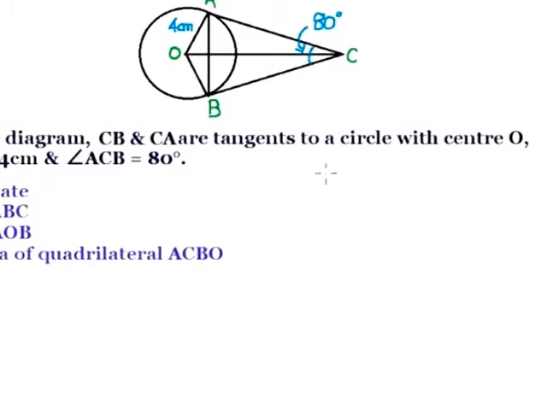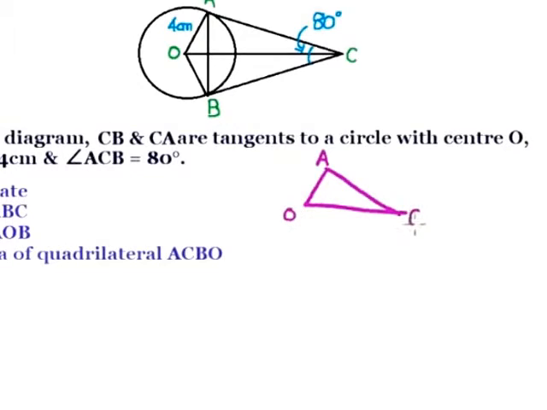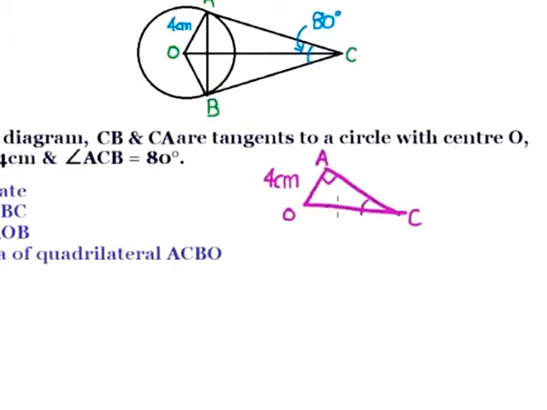Hence, as shown in this little triangle, here's A, and there is O, and here is E. Here is 4 cm, right angle, and this is 40 degrees.